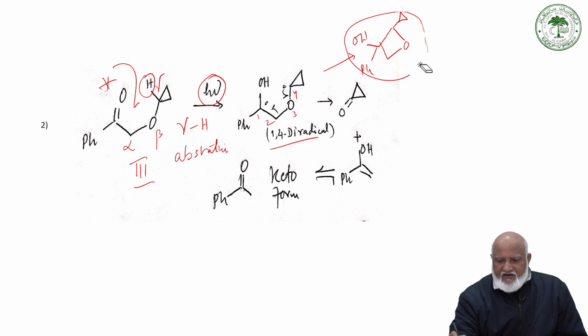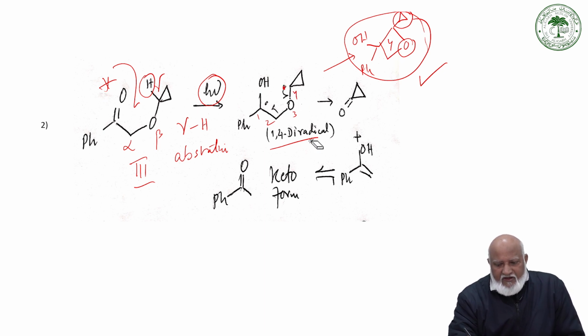This product on paper is fine, because this diradical can couple, but again this has a lot of ring strain. First of all there is a 4-membered ring, there is the presence of oxygen, and there is a cyclopropyl group as a substituent as well, and since there is a radical adjacent to a heteroatom, this is more susceptible to ring opening or beta cleavage.